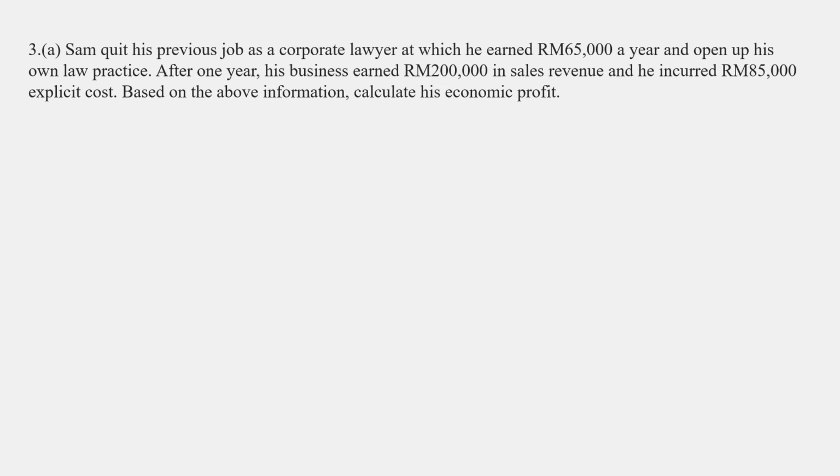3A. Sam quit his previous job as a corporate lawyer at which he earned 65,000 ringgit a year and opened up his own law practice. After 1 year, his business earned 200,000 ringgit in sales revenue and he incurred 85,000 ringgit explicit costs. Based on the above information, calculate his economic profit.